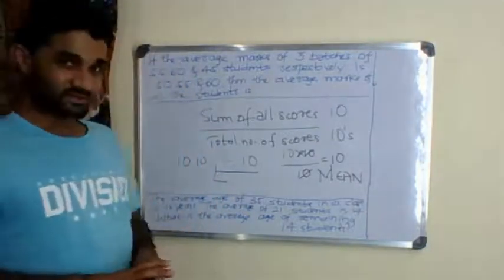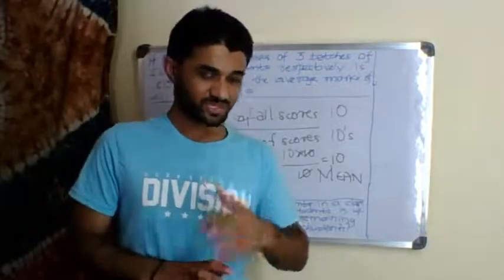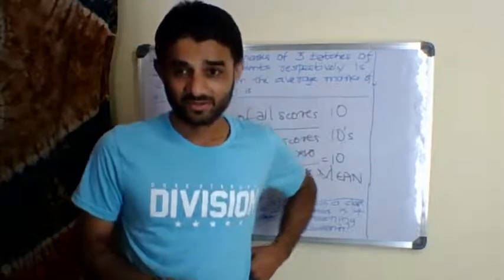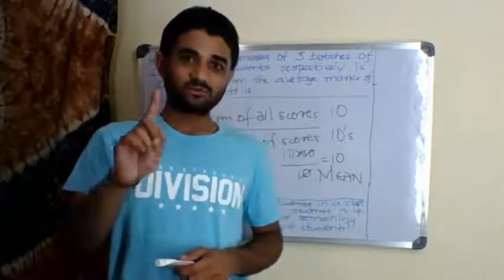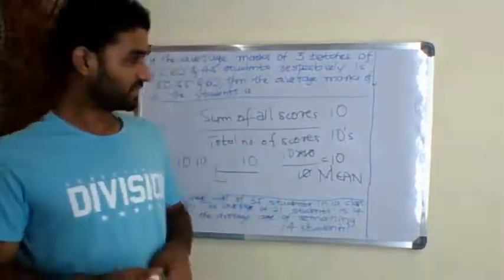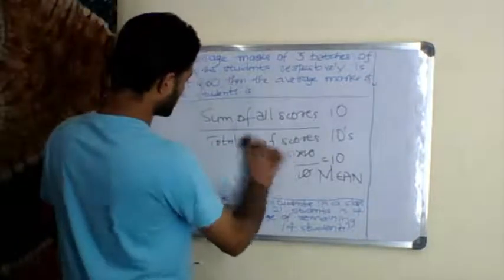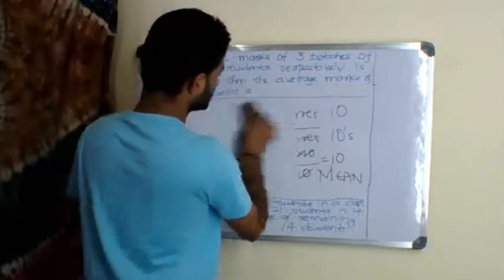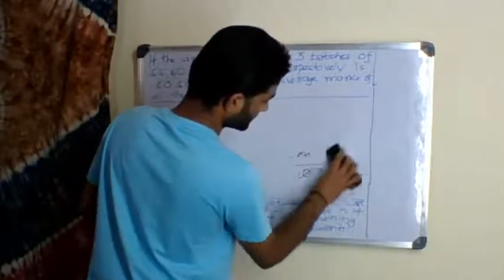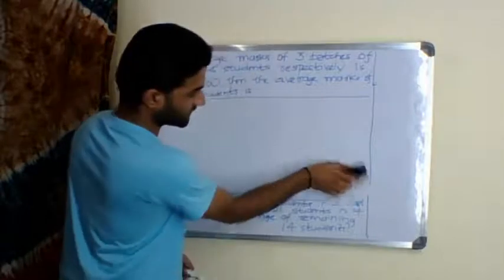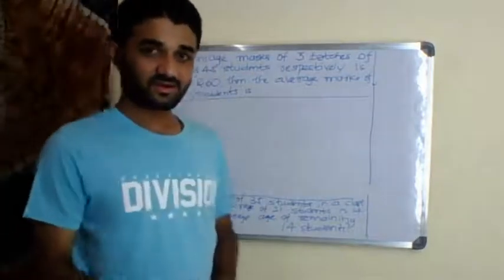Say for example, be alert, we shall go on keeping the steps further. Suppose one value is 9 and the rest are all 10.